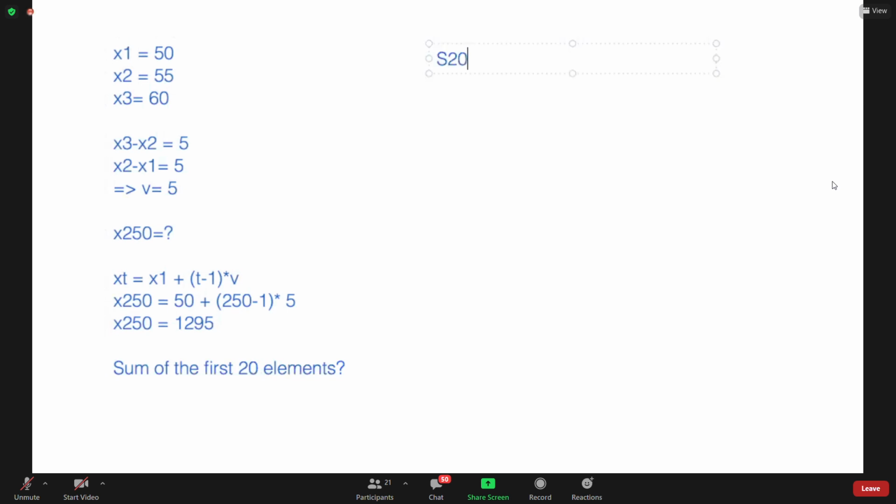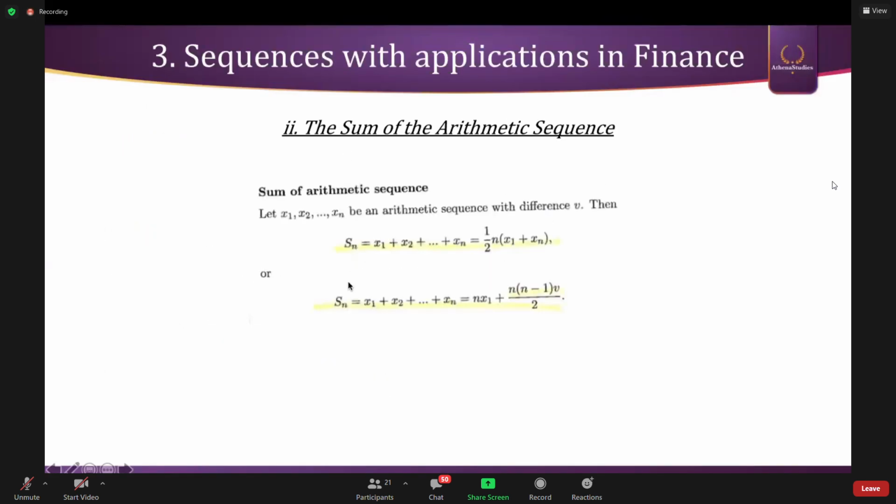So I have to calculate S of 20. I remember I have two formulas that help me calculate the sum of an arithmetic sequence. So the two formulas that I can use are either this one or this one. In my case, knowing that when they ask me to calculate the first 20 elements of my sequence, it means that the last term will be x20, right? I don't have x20, so I would have to calculate it.